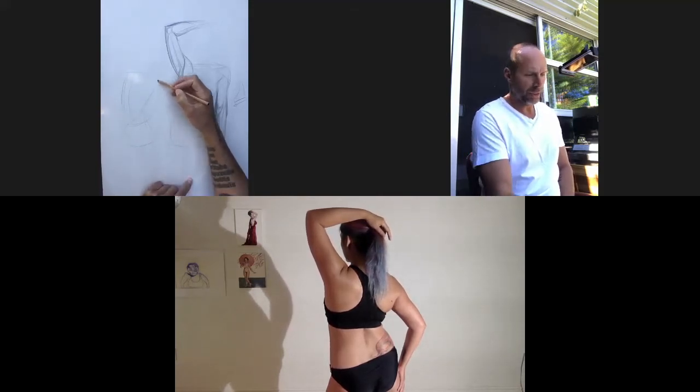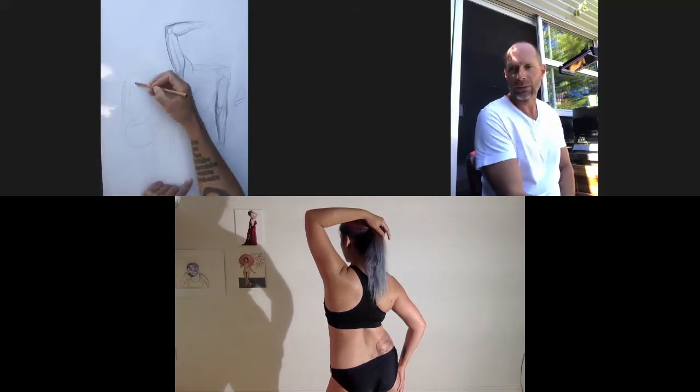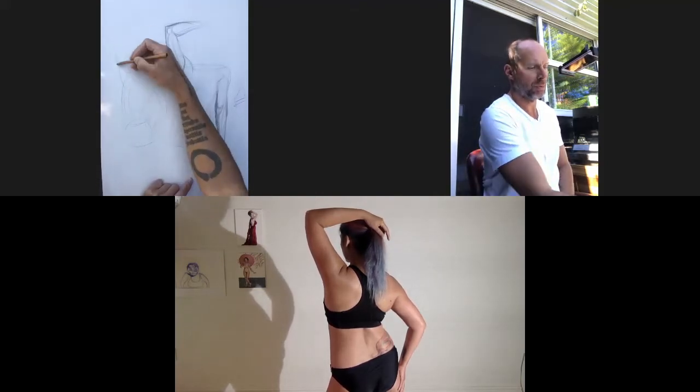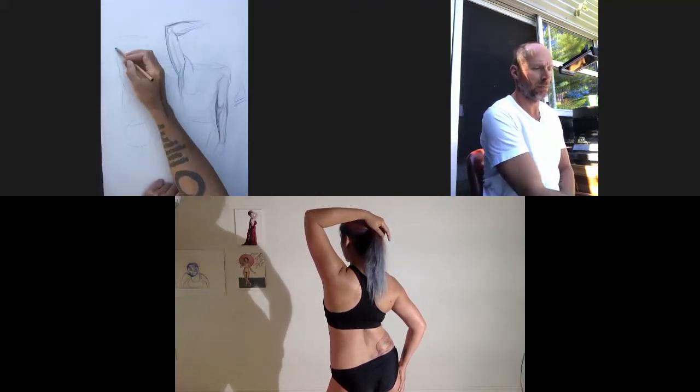Okay, so again, gesture. That's good. We get some more complicated positions of the arms for application purposes.